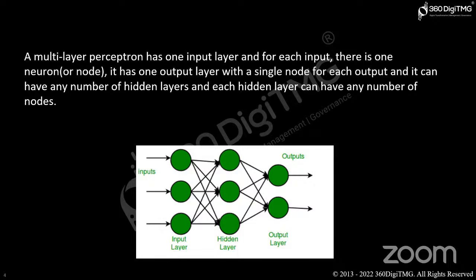One more point to see here: every node in the multi-layer perceptron uses the Sigmoid activation function. What is the Sigmoid activation function? It takes real values as input and converts them into numbers between 0 and 1.